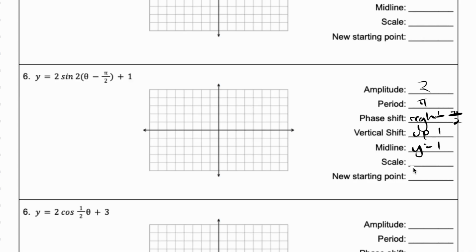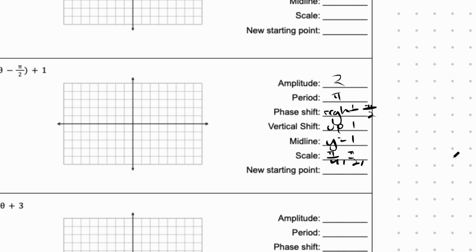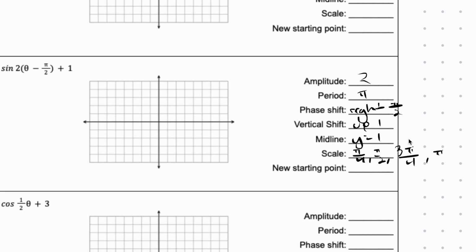Scale, it's going to be our period divided by 4, so pi over 4. Right, with this scale, I'm just multiplying whatever 1/4 of our period is. I'm going to multiply by 2, so pi over 4 times 2 is pi over 2. Then we're going to multiply by 3, so we get 3 pi over 4, and then I'm going to multiply by 4, which will get us right back.